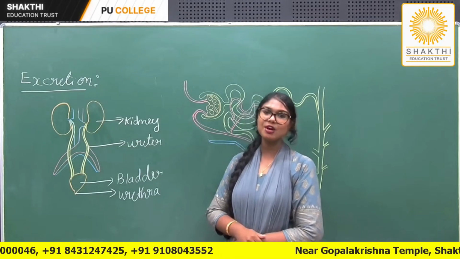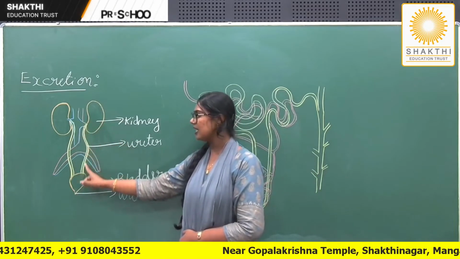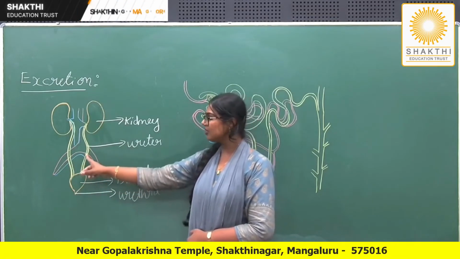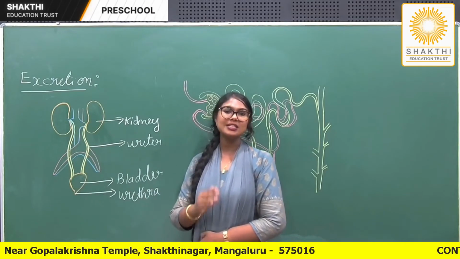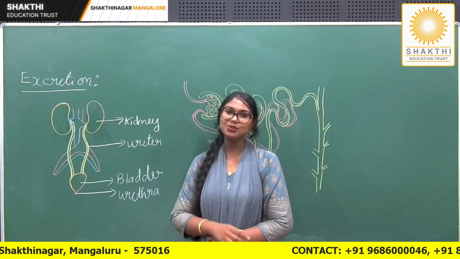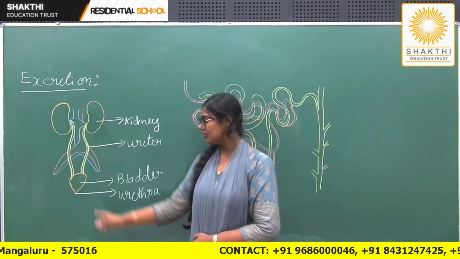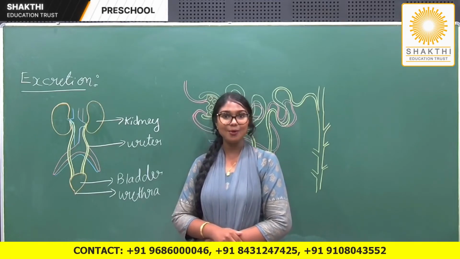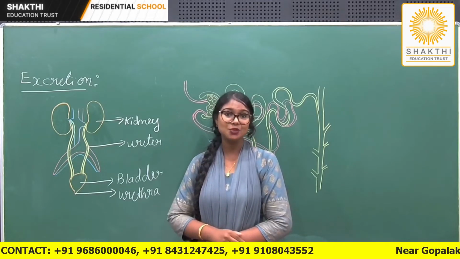The urine formed by the kidneys will be carried to the storage region, that is the bladder, by the ureters. And once the bladder is full, the signal reaches the brain and we come to know we are supposed to use the washroom. The urine is eliminated from the urethra. Now, how does the kidney actually work?